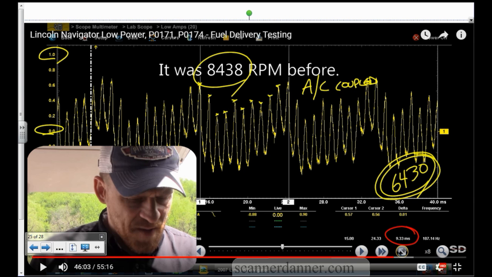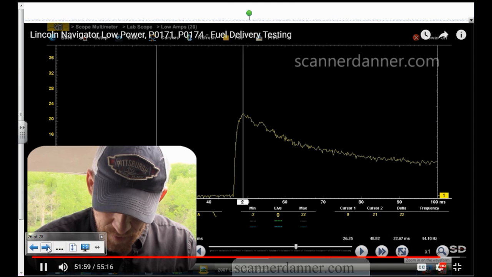Here's the point. Is measuring fuel pump current going to benefit you at some point in time? Yes. Is calculating fuel pump RPM going to benefit you at some point in time in troubleshooting? Absolutely. Is knowing how to look at these waveforms, put your cursors in there to calculate this necessary? Yes, it is. And then the final one too is how important is this test?